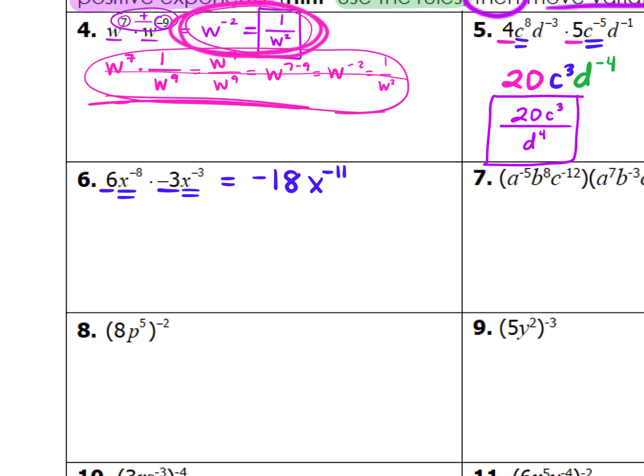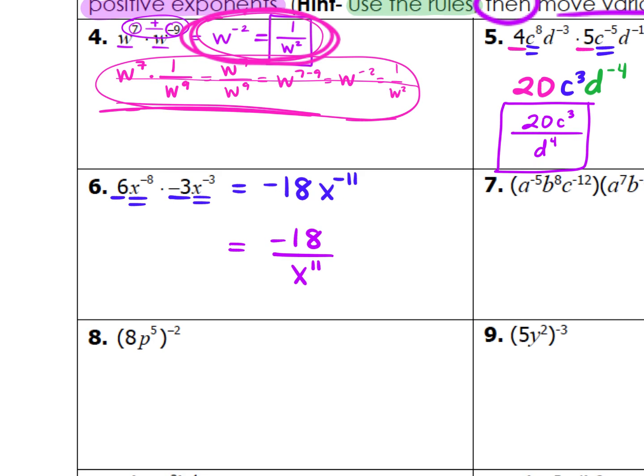But when you move it, what happens to it? Okay, what'd you get? 1 over -18x to the... Maybe. -18 over x to... Over what? Over x positive. There we go.